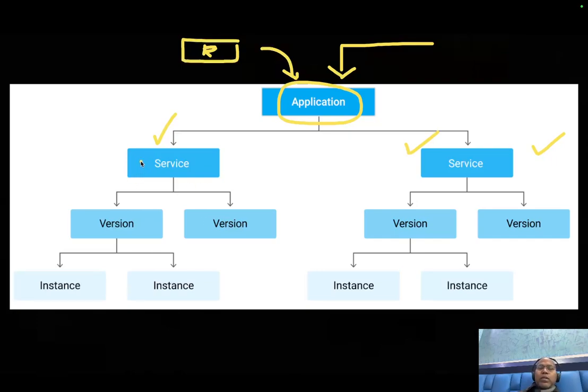Whenever you deploy a service, a version is created by default: the first deployment is version 1, the second is version 2. Each deployment creates a different version.